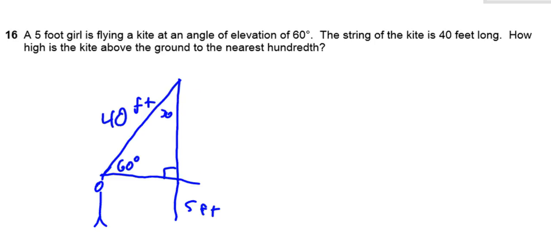So now it's a little bit better because it looks a little bit more to scale. So if the hypotenuse is 40 feet, we're trying to find the height of the kite.